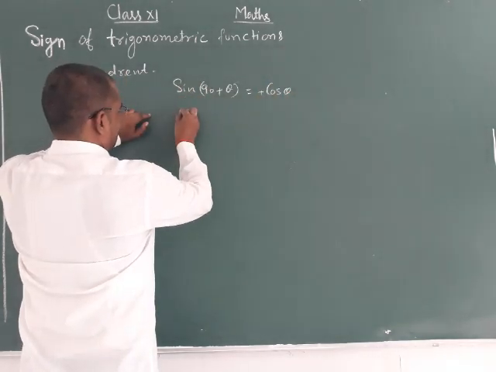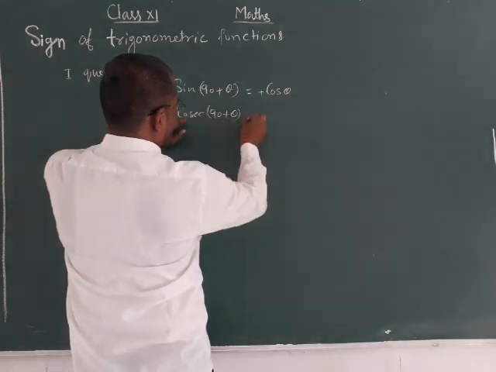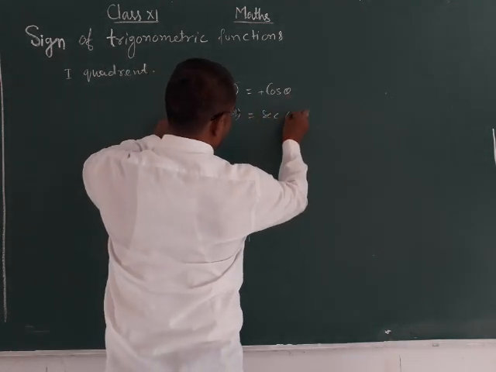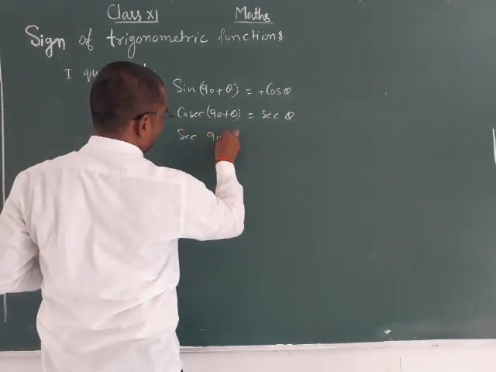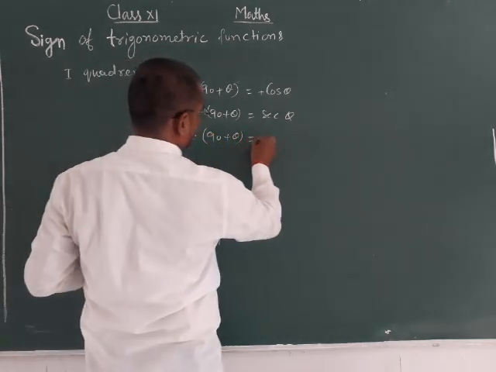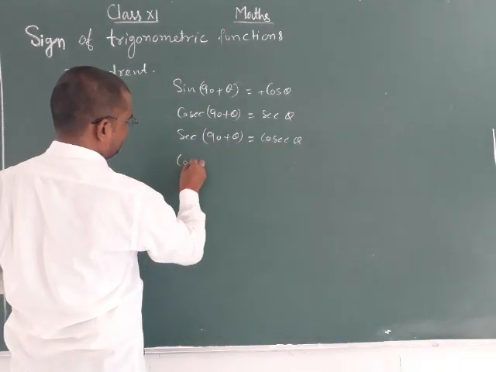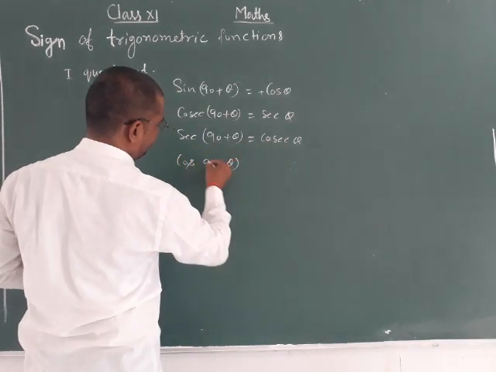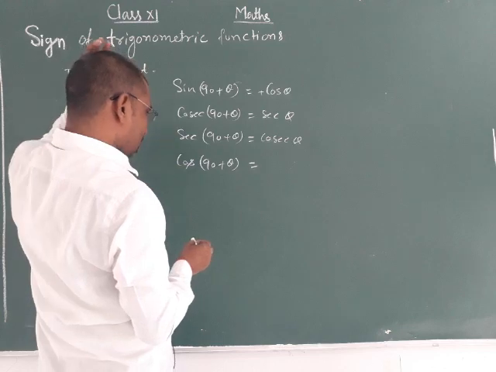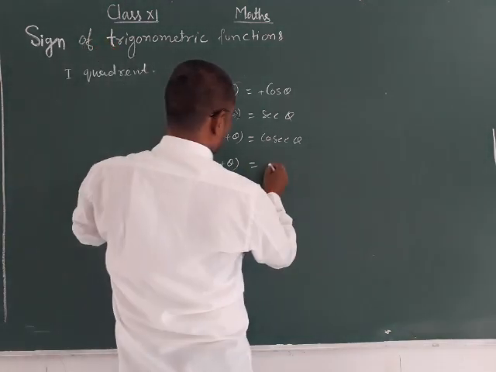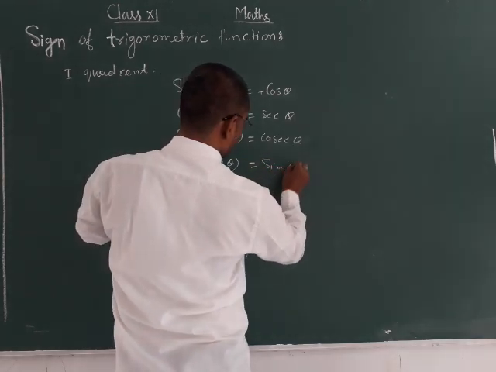And cosec of 90 plus theta is sec theta, and sec of 90 plus theta is cosec theta, and cos of 90 plus theta is sin theta.